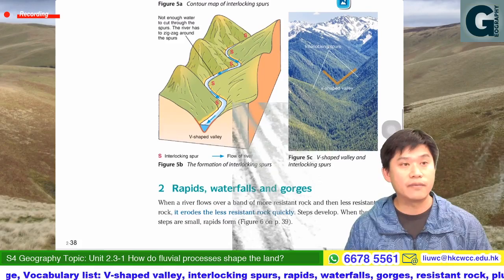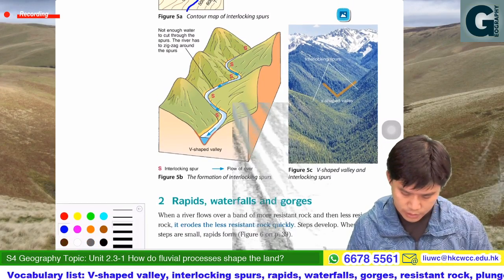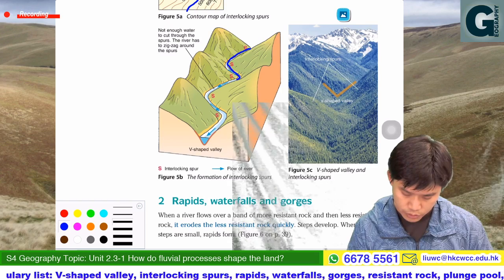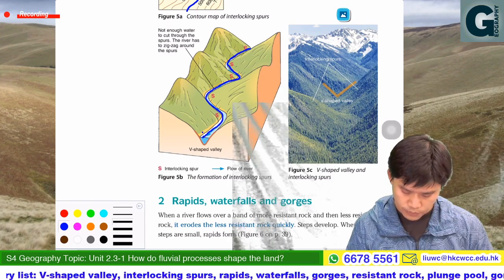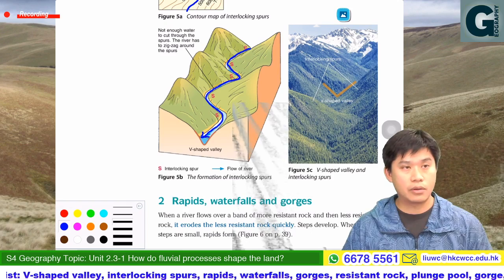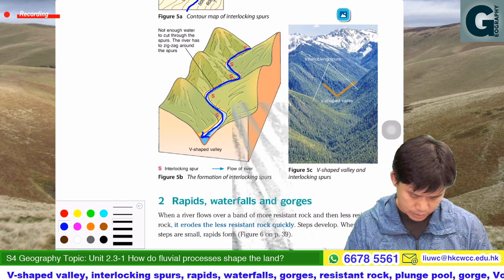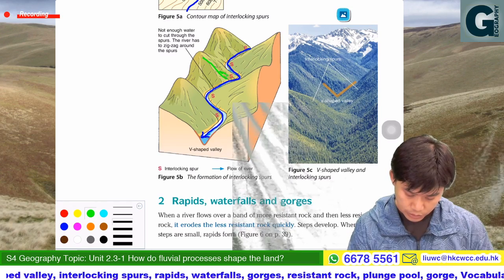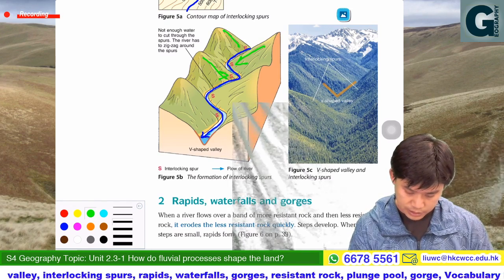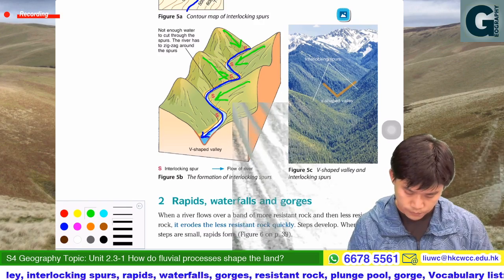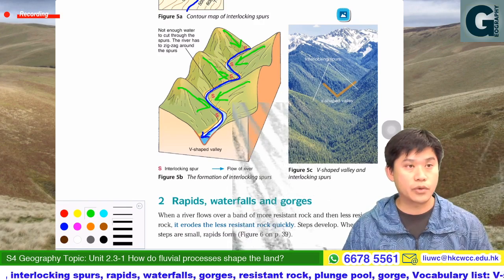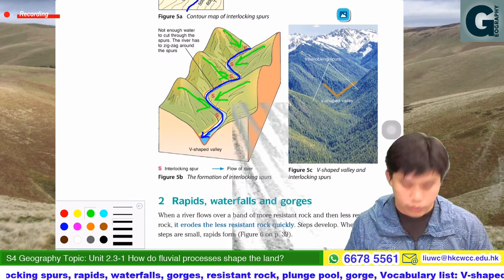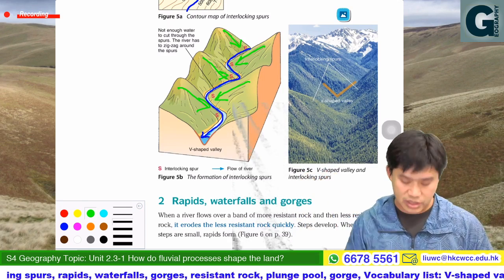Figure 5b, same. From the source, the water flows from the high ground to the low ground, and here you can see the spur. Those are the spurs. One spur and another spur, or you may look at figure 5c here.